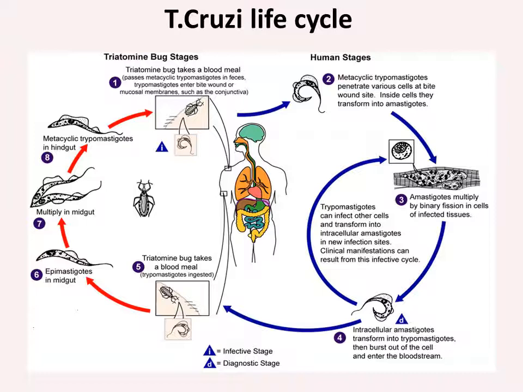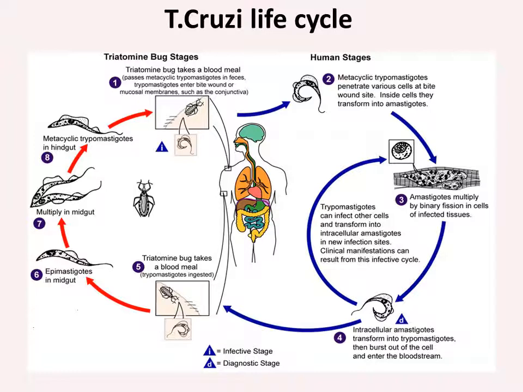Within host cells, the amastigotes multiply, destroy the host cells, then convert back into trypomastigotes. The trypomastigotes migrate through the blood, penetrate additional cells in the body, transform back into amastigotes, and the cycle repeats.